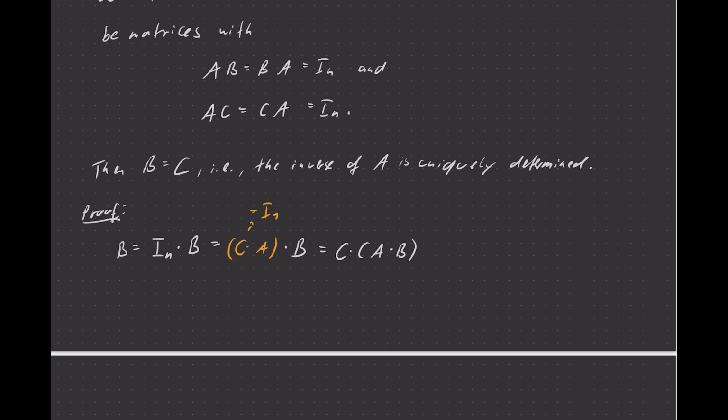Same thing. Now A times B is also the identity matrix. So what we get here is C times the identity matrix. Of course, C times the identity matrix is C. So what we have here altogether is B equals C. And that's exactly what we were to prove, because that is the statement of the theorem.